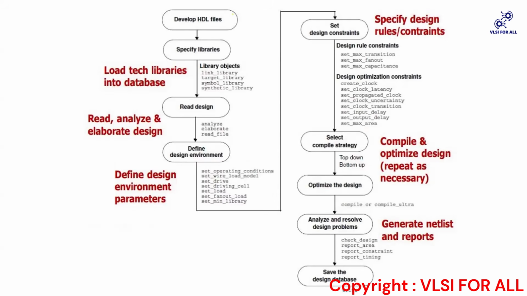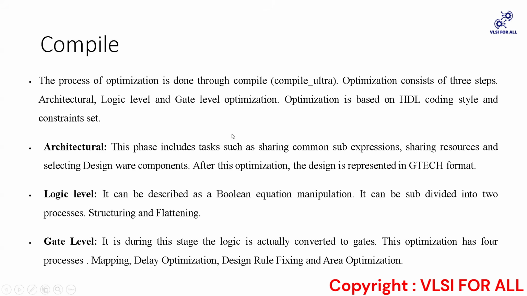So now let's see what compile is. The process of optimization is done through the command called compile ultra. Optimization consists of three steps: architectural, logical, gate level. Now let's see what architectural is. This is an optimization after which the design is represented in GTECH format.